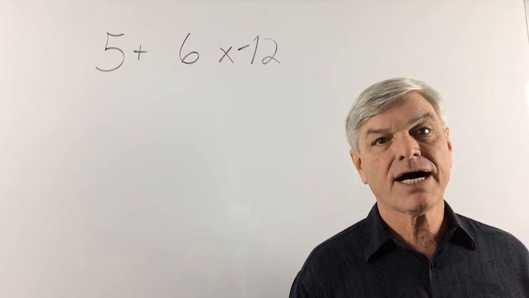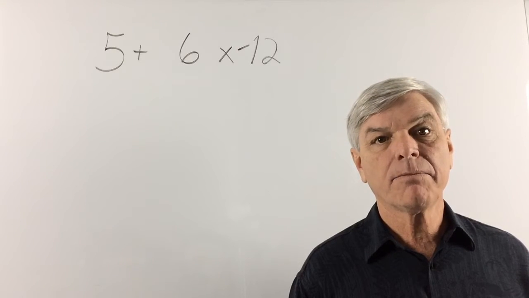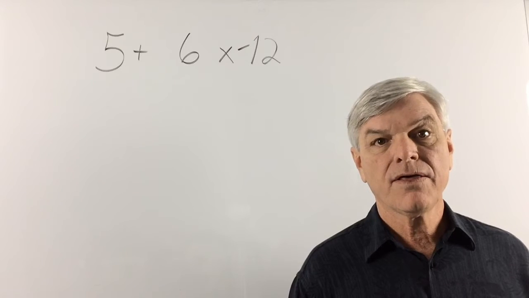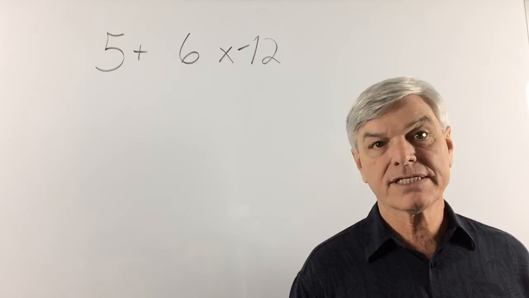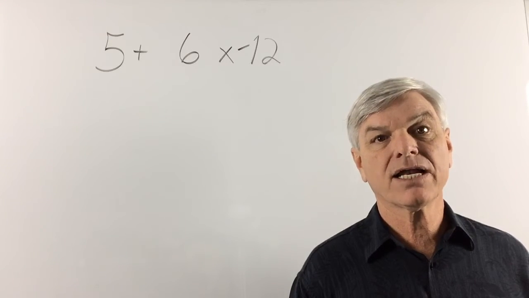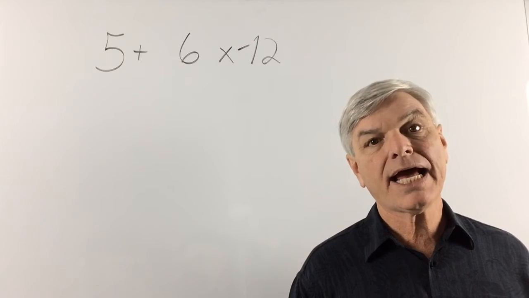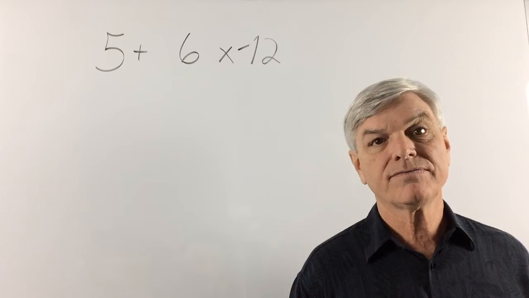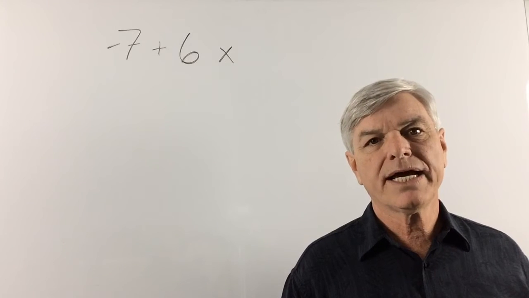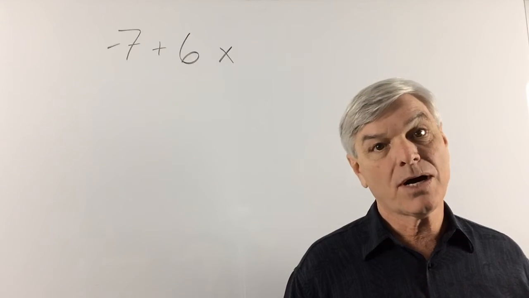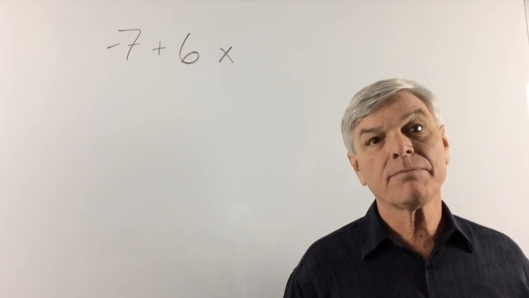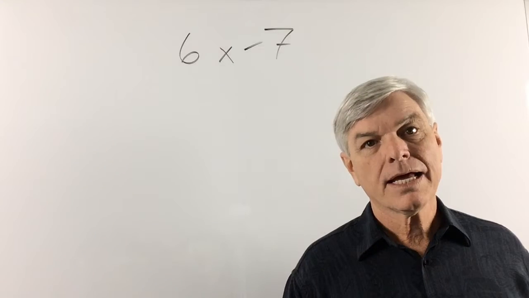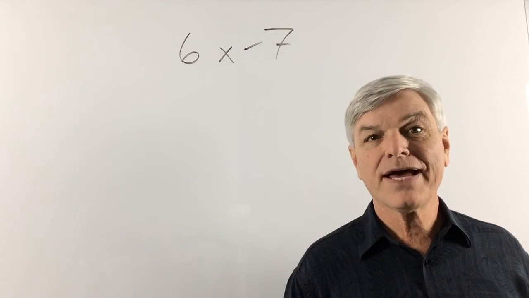So we have 5 plus 6x minus 12. There are no x's except for the 6x, so we'll leave that alone. But we can add the 5 and the negative 12. And that will be negative 7, but it's in the wrong order. X's come before units. And that is the correct answer, and that is the correct order.